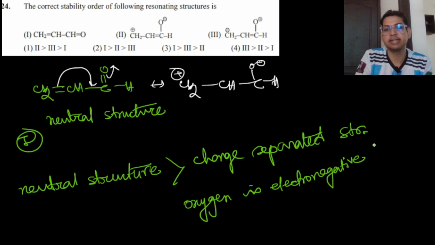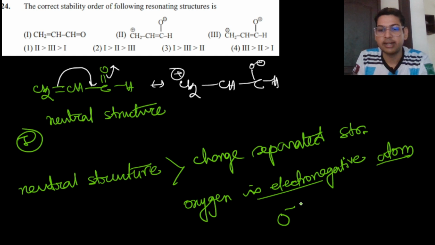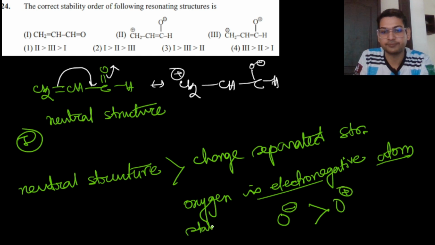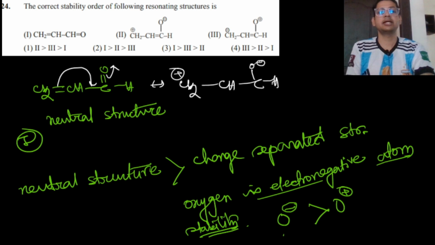If oxygen is electronegative, then oxygen with a negative charge should accommodate negative charge better than oxygen can accommodate positive charge. Are you getting my point?